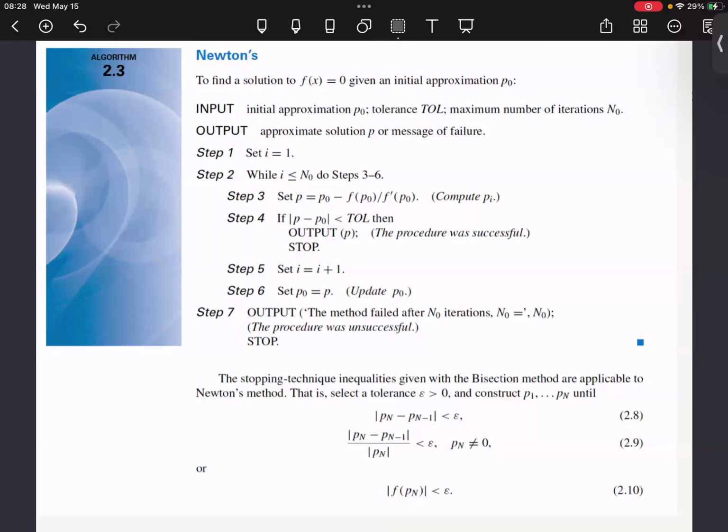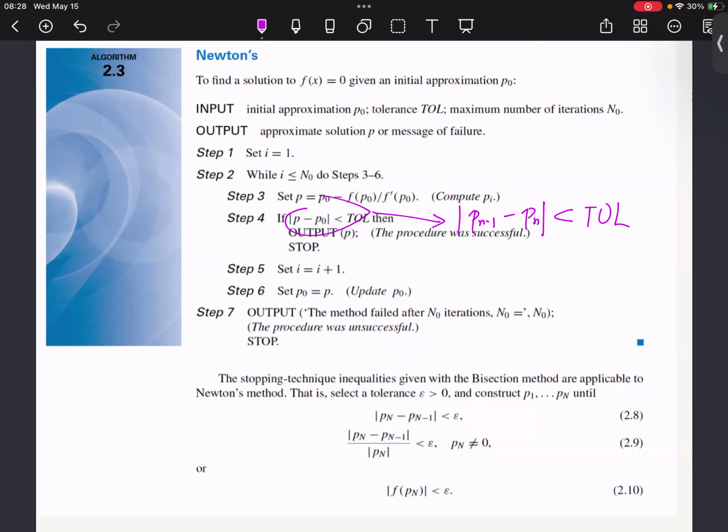Because for this pseudocode, we just use P and P0 to store the numbers in the sequence, this actually means that Pn minus 1 minus Pn is smaller than the tolerance you decide. This is the pseudocode, and the actual algorithm has the actual numbers in the sequence.